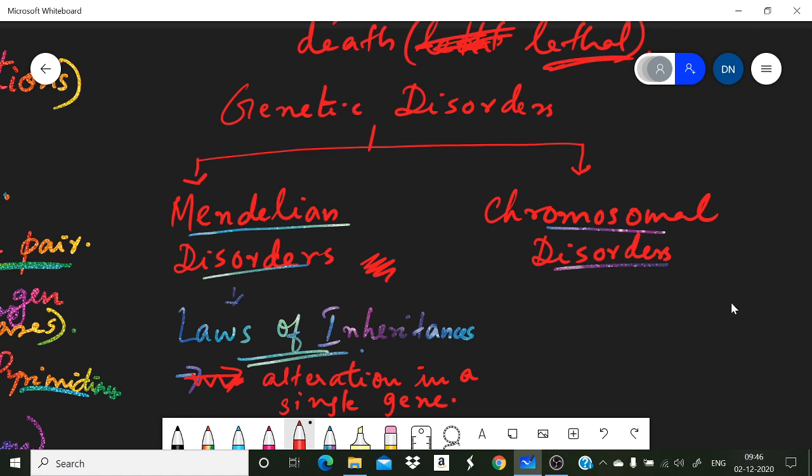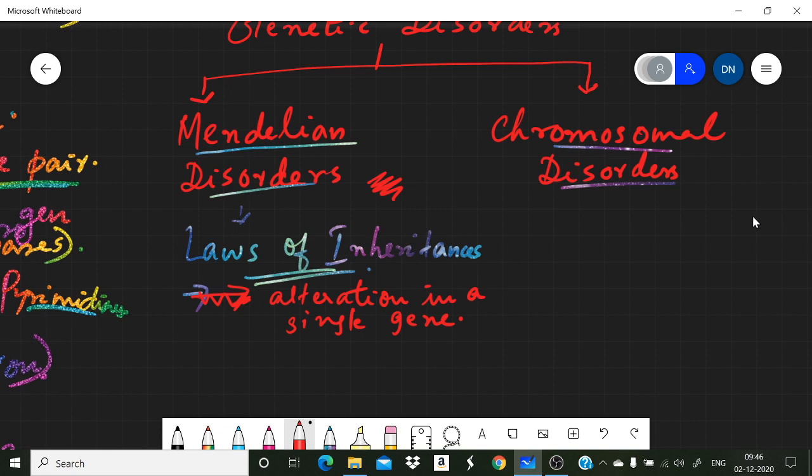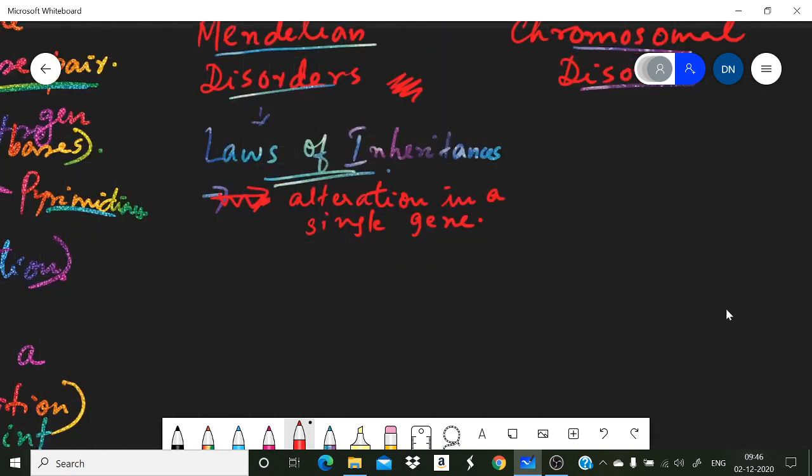Today first we will study about the chromosomal disorders. After then we will move on to Mendelian disorders. Let me first explain a few points about them. Mendelian disorders strictly follow the laws of inheritance, that is Mendel's laws of inheritance.